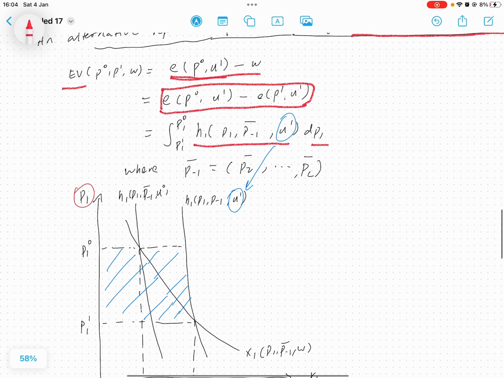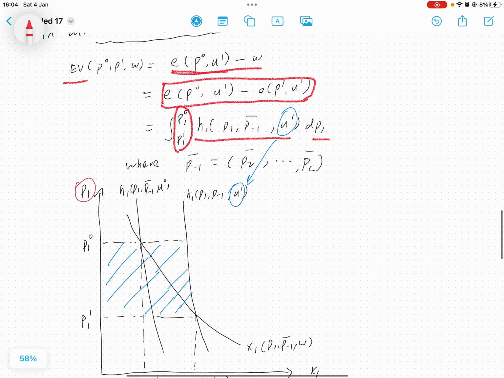From here, the difference between those two expenditures with P0U1 and P1U1 will be exactly the integral from P11 to P10 of H1, taking P1, P minus 1 bar, and U1, with respect to P1. This P minus 1 bar is just the vector of all the other fixed prices, for all the other commodities. Similarly, we can also use a figure to illustrate this EV using the integral representation.